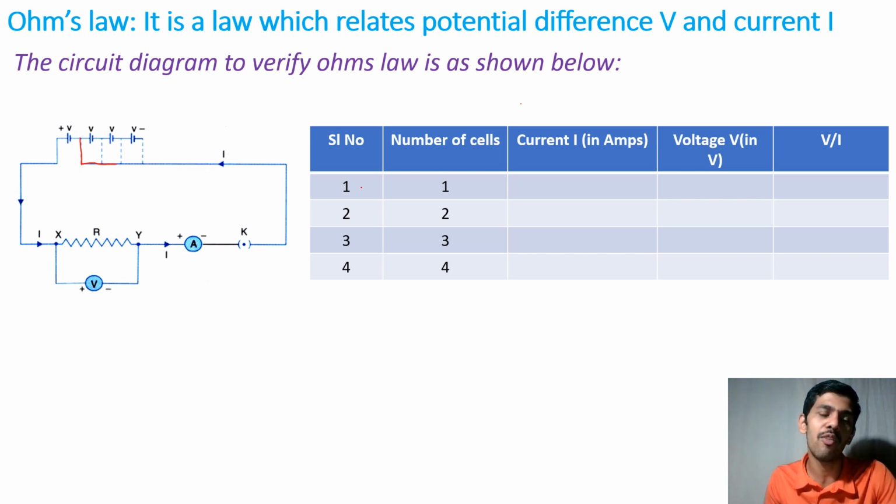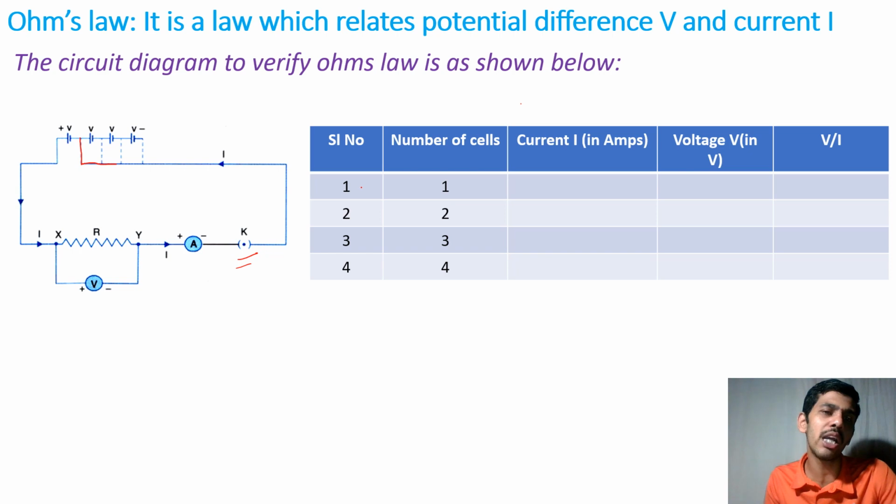There is a voltmeter to measure the potential difference, and an ammeter to measure the current flowing through the circuit. When one cell is connected, we find out when the key is switched on. This key is nothing but a switch. When it is switched on, if it is a digital meter, it will give some readings in the voltmeter as well as the ammeter.